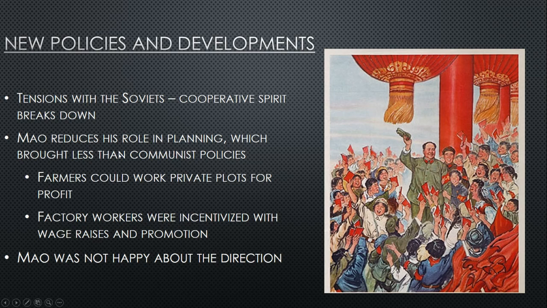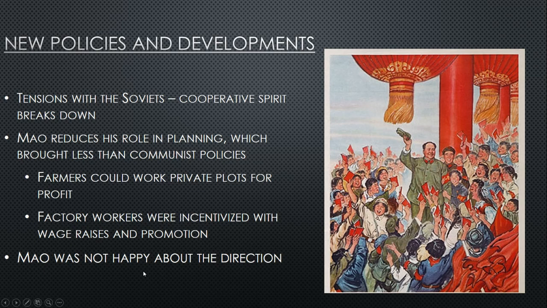Mao is actually going to reduce his role in the government, which is going to allow others to bring in maybe less than communist types of policies. So we're looking at things like working for profit and being more incentivized by the ability of individuals to succeed a little bit more.